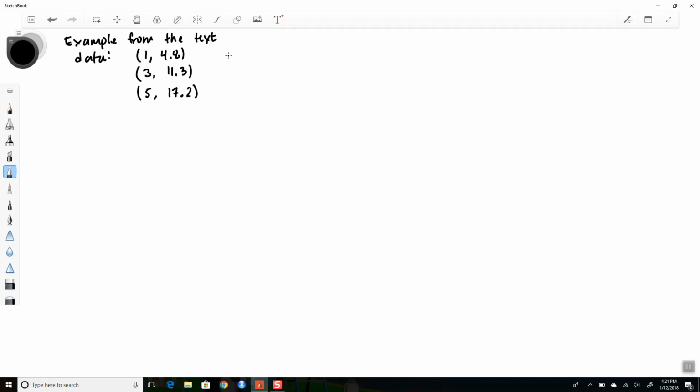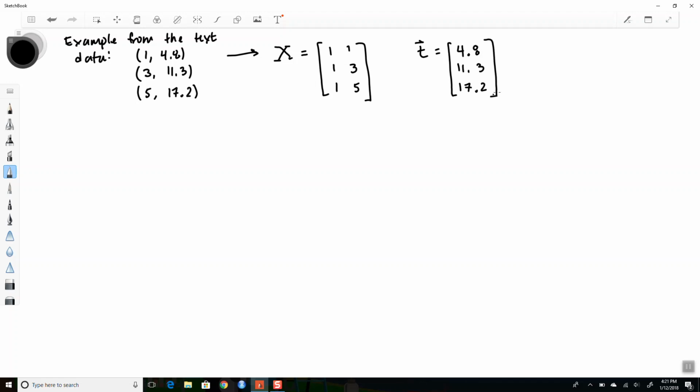So we will put this into matrices. My X matrix is going to be a 3 by 2 with the values 1, 3, and 5. And then my vector T is going to be the outputs 4.8, 11.3, 17.2.